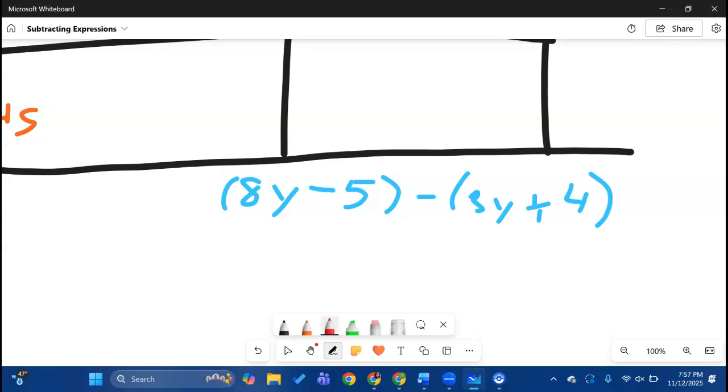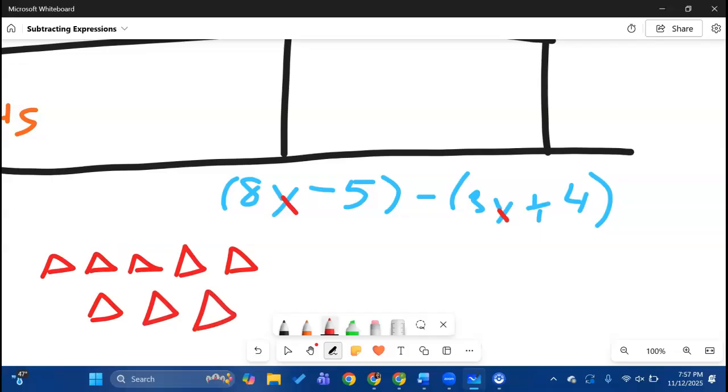For the 8x and 3x, our x's we want to represent with triangles. So we have 1, 2, 3, 4, 5, 6, 7, 8. And over here we have 1, 2, 3.